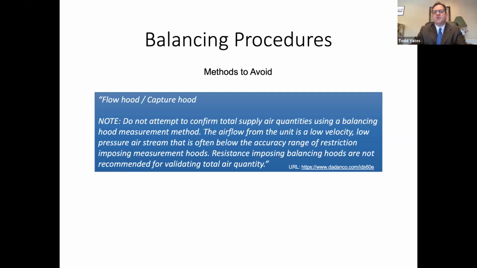Using the number I used earlier, if you had 50 CFM of primary air mixed with 50 CFM of room air to deliver a total of 100 to the occupied space, and you put a flow hood on that, you'd immediately cut out the 50 CFM of induced air. But they're also saying the back pressure would prevent the 50 CFM of primary air that would normally flow. The hood itself would impose a restriction that would cause that to change. Therefore, your reading would be inaccurate.